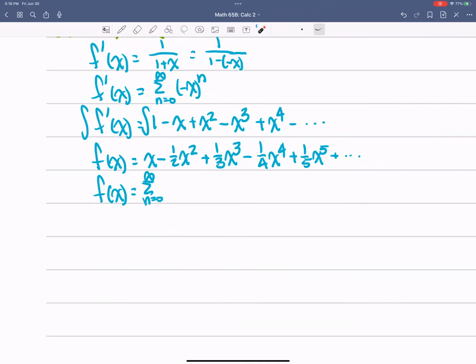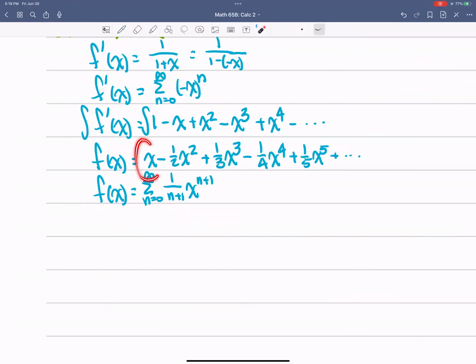So we could say 1 over n here for the coefficient, x to the power n, does that match? So x to the power n, 0. Oh, I don't like that. So why don't we do n plus 1 instead? So 1 over n plus 1, x to the power of n plus 1.